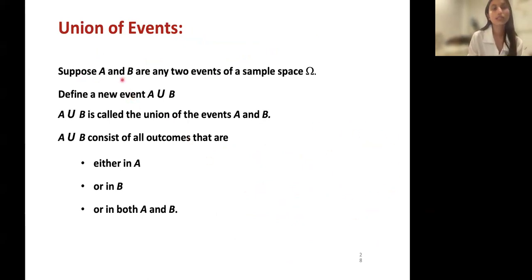Suppose A and B are two events of a sample space omega. We define a new event, A union B, called the union of events A and B. A union B contains all the outcomes that are in A and B, including the outcomes that are common between A and B.